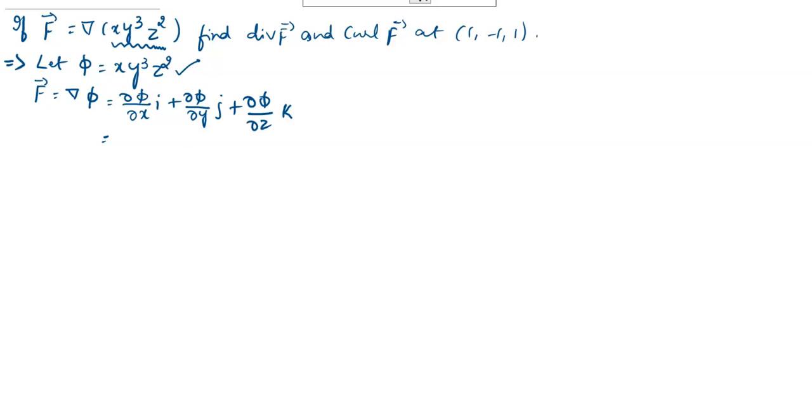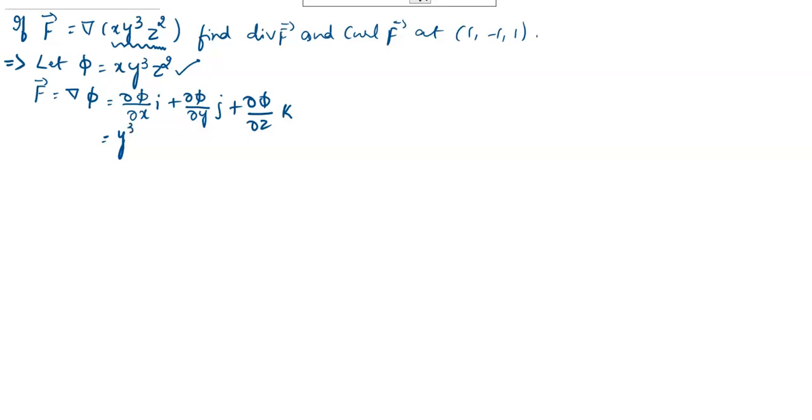Similarly, dou phi by dou y and dou phi by dou z can be found. Let me differentiate with respect to x, partially treating y and z as constants. The differentiation of x with respect to x is 1.